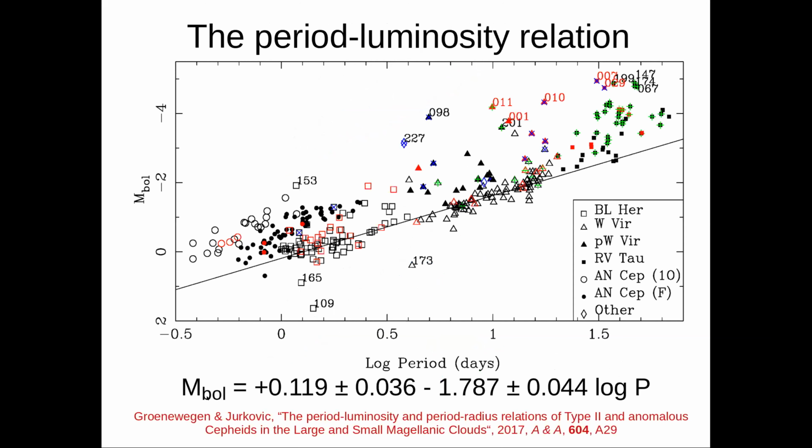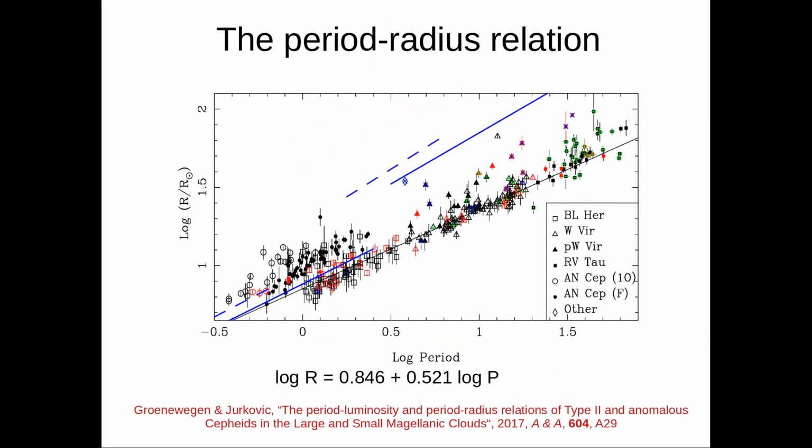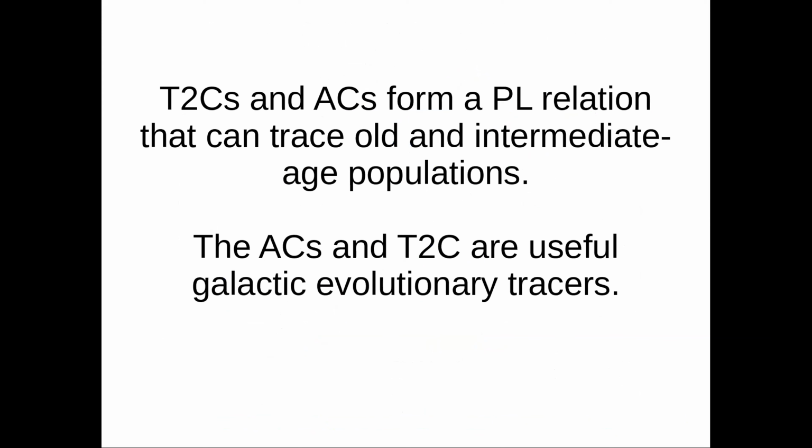We have actually given the period luminosity relation in the bolometric magnitude, so directly from luminosity. It means that the calibration of the distance ladder can be done much more nicely if you find them in other neighboring galaxies. We have also derived the period radius relation.